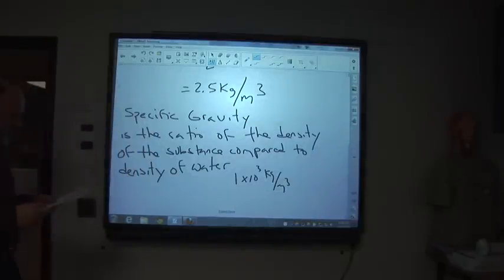So it's a ratio. I have density and then specific gravity.